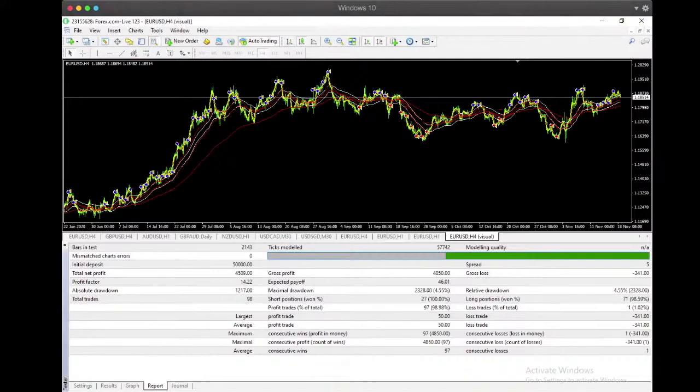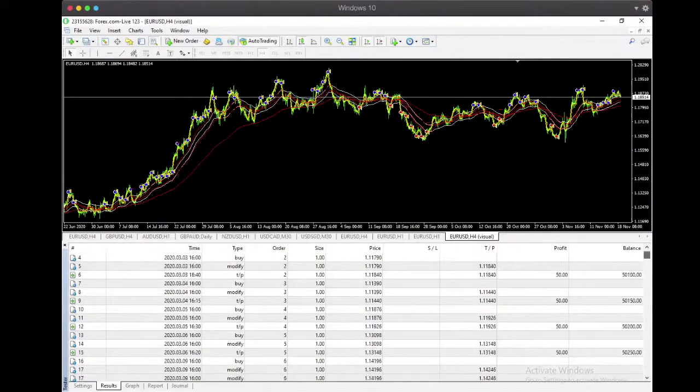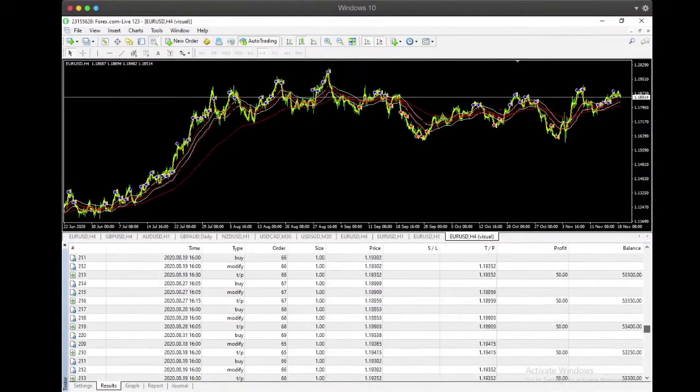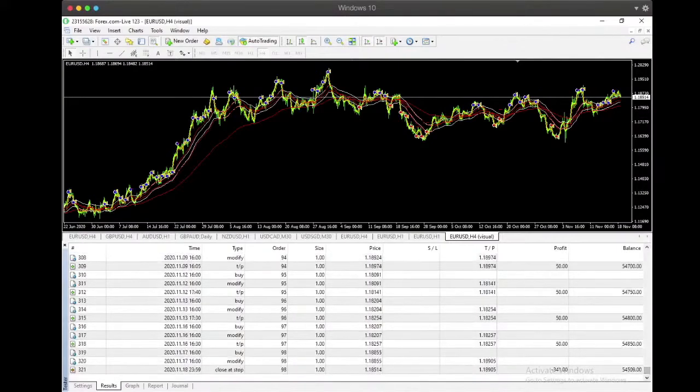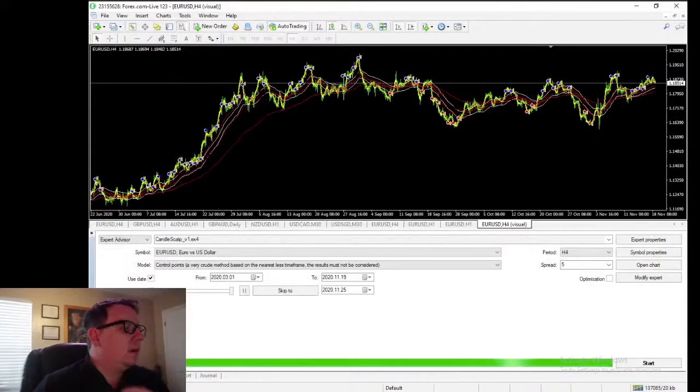So you definitely want your profit factor to be more than 2. This profit factor for this one I just built right now is 14.22. Okay, pure profit. You can't lose. Okay, so I've been making a lot of money with this brand new one. All right, cool.